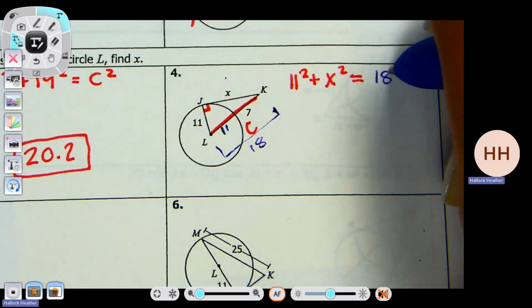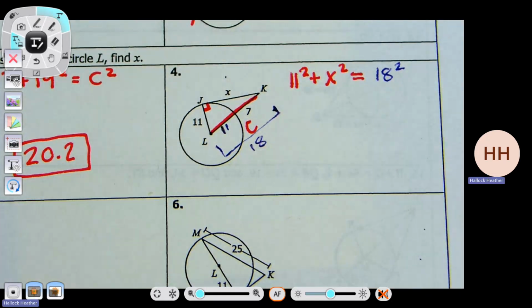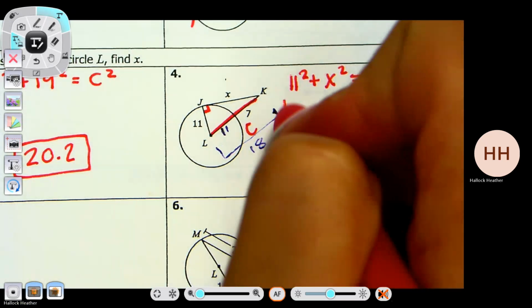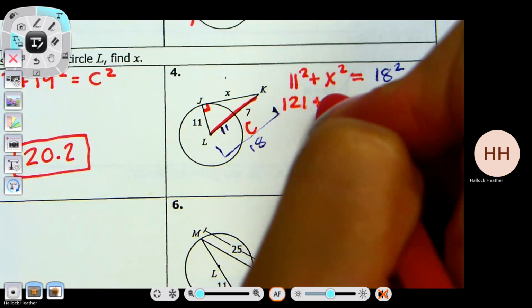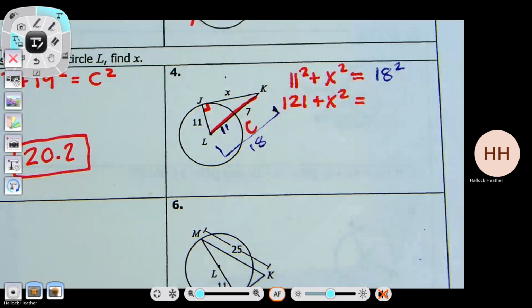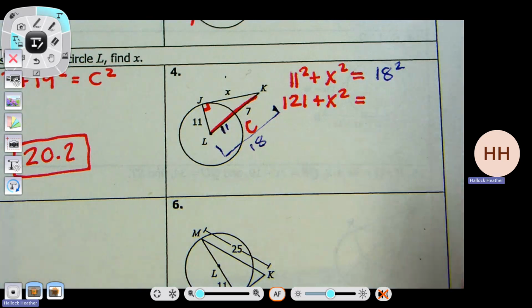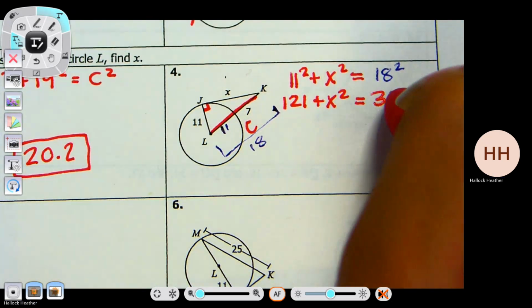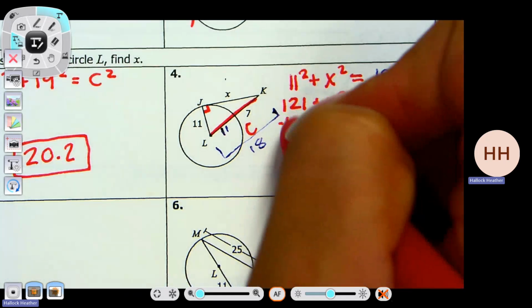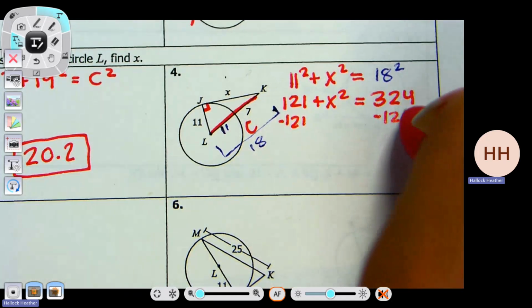Nice. Big brain. Okay, so you're going to have to think outside the box a little bit. So same process. I'm going to do 11 squared plus X squared equals 18 squared. This one's a minus problem. 18 squared is like 3 something. 324 minus 121.